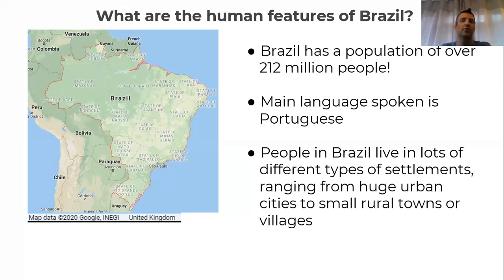And actually, the population of Brazil is over 212 million people, which is really, really high. The main language spoken across Brazil is Portuguese, and people in Brazil live in lots of different types of settlements. They range from huge urban cities to smaller rural towns or villages. So just like here in the UK, people live in lots of different places.